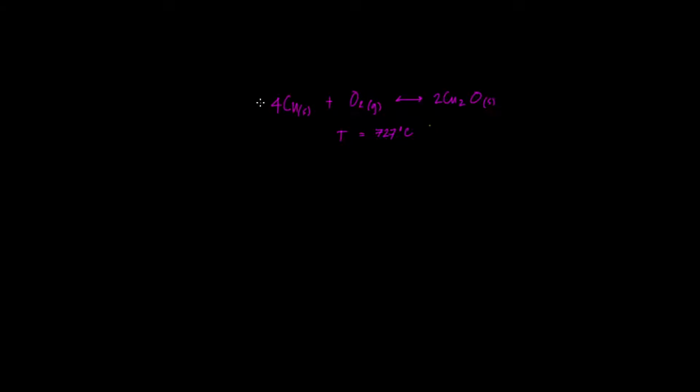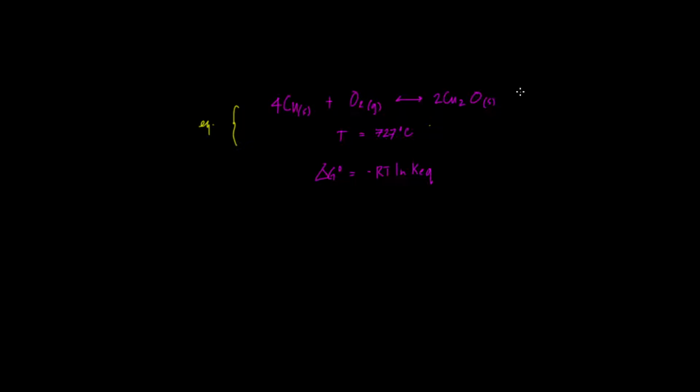This is a system wherein copper is oxidized into cupric oxide, and let's just say that this is done at 727 degrees Celsius, and this system is at equilibrium. Nasa equilibrium tayo, and if you remember, when we are at equilibrium, the working equation is delta G naught is equal to negative RT ln KQ, right?